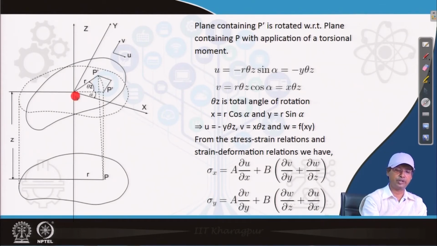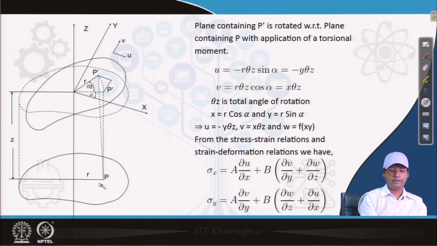So, the total rotation here is theta multiplied by z, because the segment of the cylindrical body we are considering is of length z. Now, with that consideration, considering xy is like this, similarly xy is also here at this plane, we are considering the displacement at this particular point.